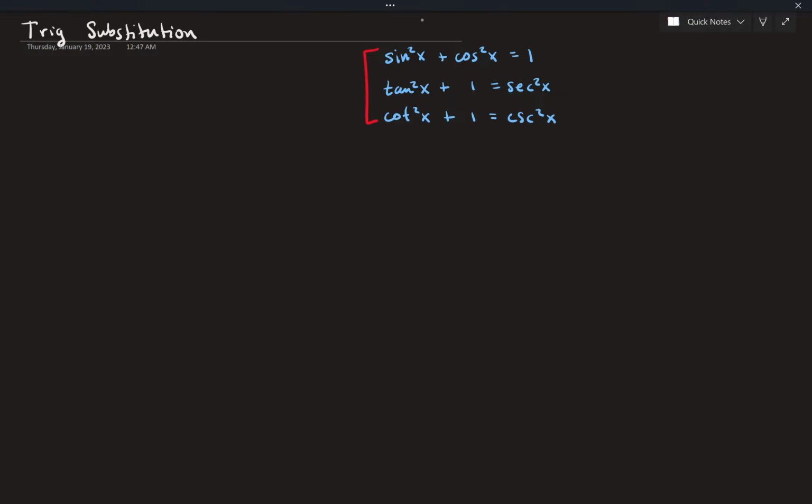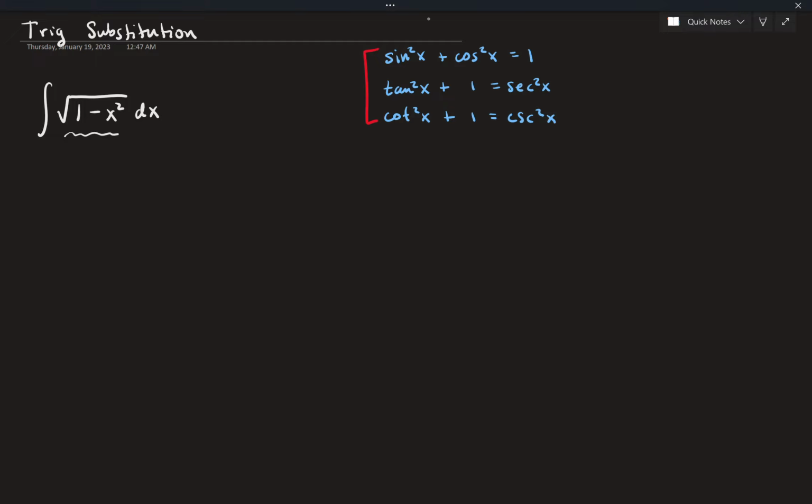Well, if I have an integral of, let's just say, the square root of 1 minus x squared. Right now you have no way of doing this, but you'll start to realize that a lot of your integrals will look kind of like trig identities.